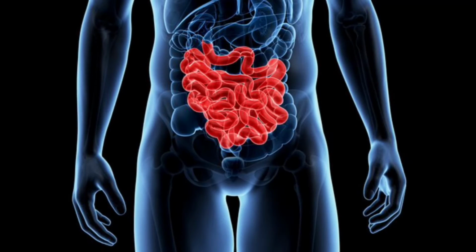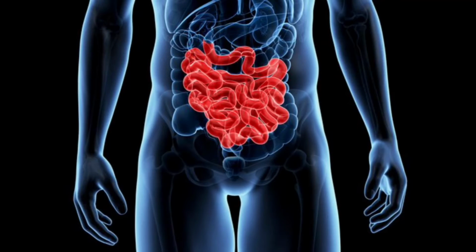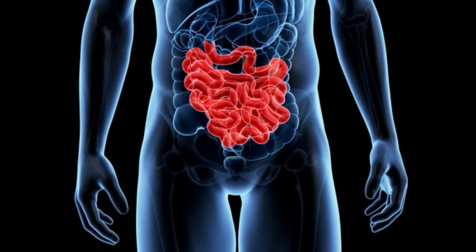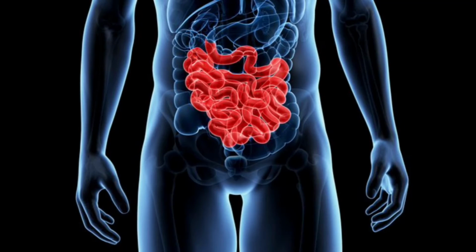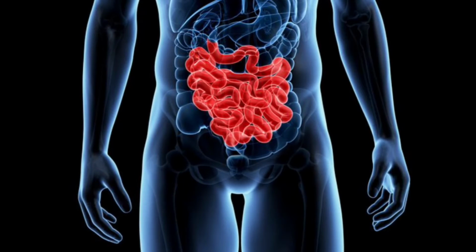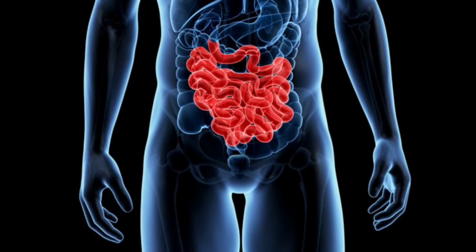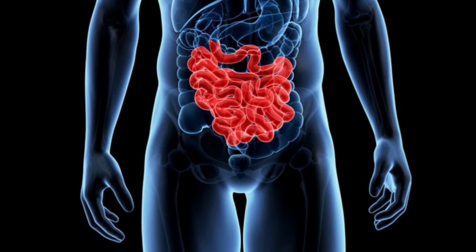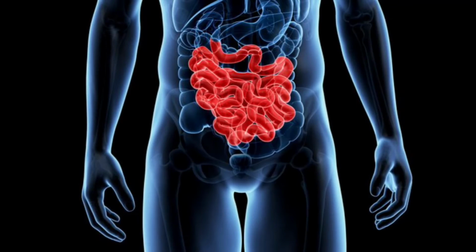The main two functions of the small intestine are to complete chemical digestion so the food is made into nutrients and solid waste. Also, the small intestine contains small projections called villi that transport nutrients throughout your body.